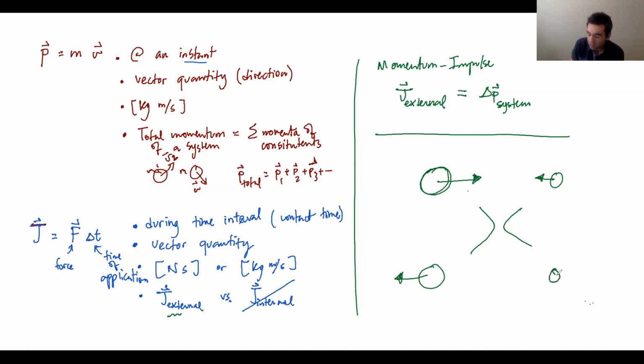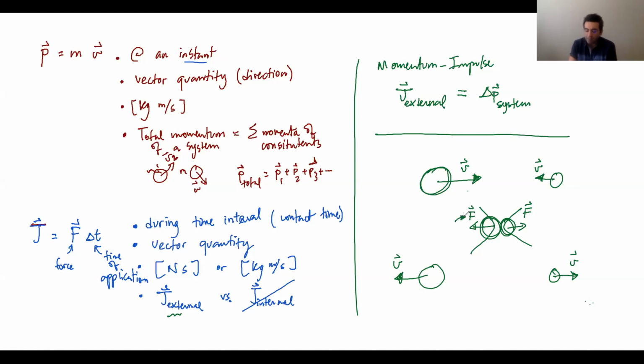During the collision, right at this point when they're colliding, they're exerting forces on each other. So these here were velocities, but the arrows that I'm drawing here are forces. So force of 1 on 2, force of 2 on 1, the forces they're exerting on each other right at the moment of contact. Now the question is, are these forces internal or external?